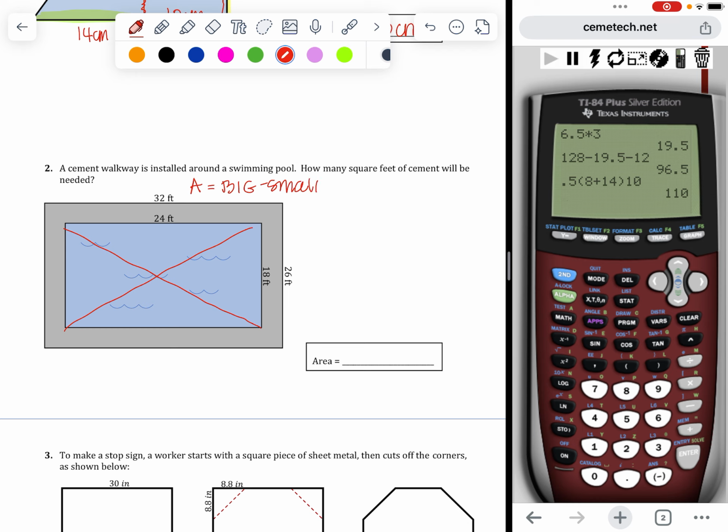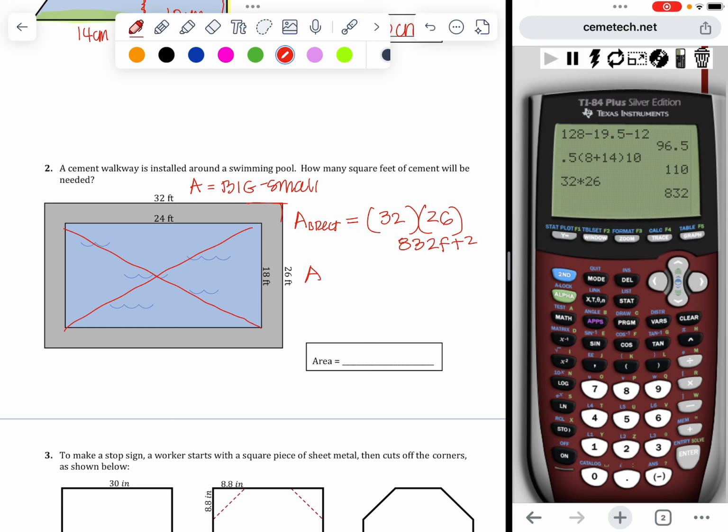Okay, so I'll start with the area of the big rectangle. Base times height. Perpendicular pieces, these two are perpendicular. That's 32 and 26. 32 times 26 is 832 feet squared.